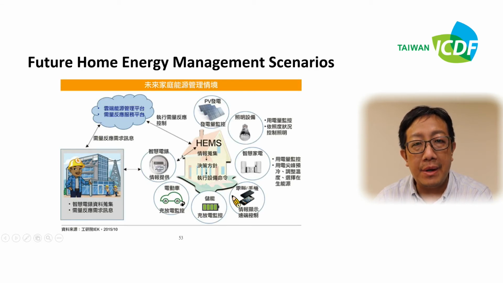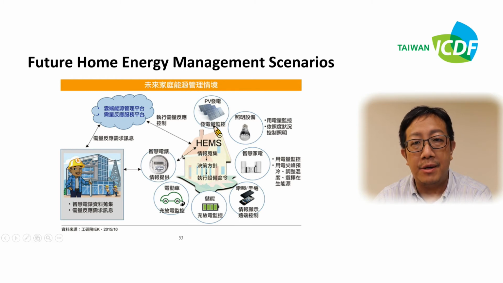Well, in the future home energy management scenario here, we can see that the EnMS works for data collection, for decision-making assistance, and of course, to send out orders to execute them for the devices. So you can see that we have the solar panels here.